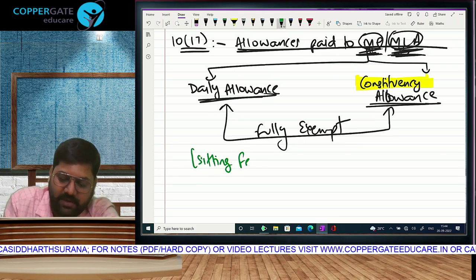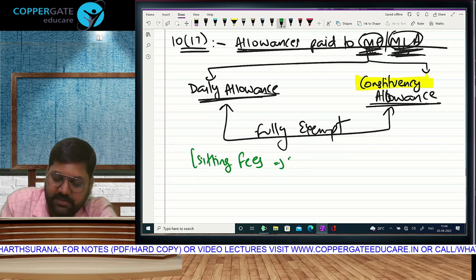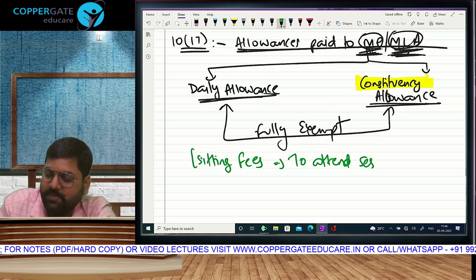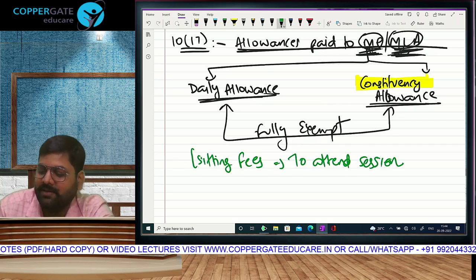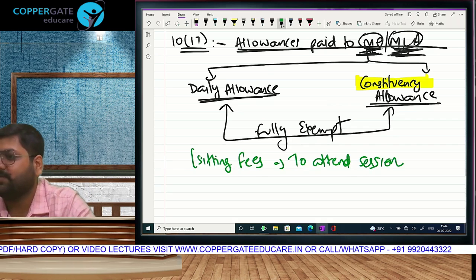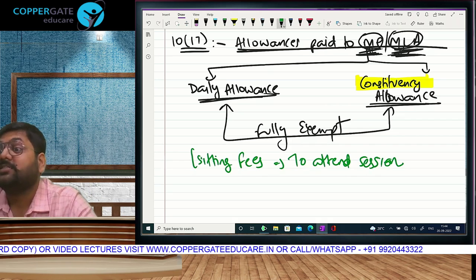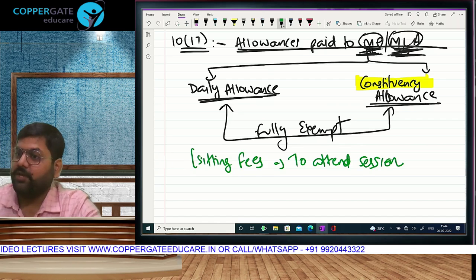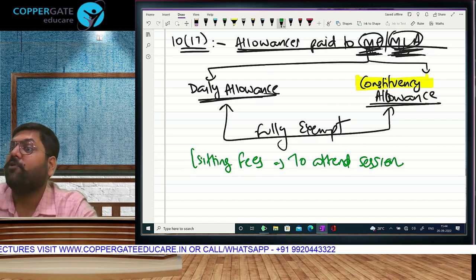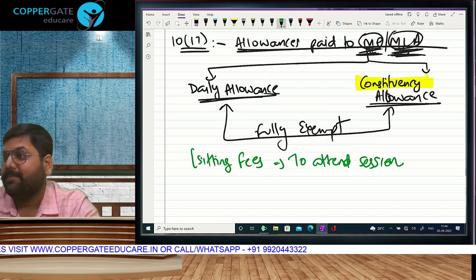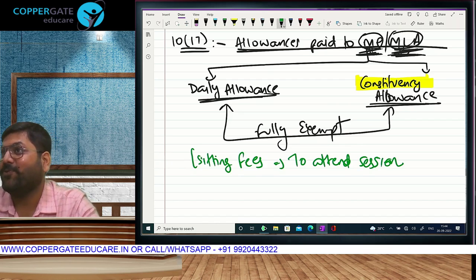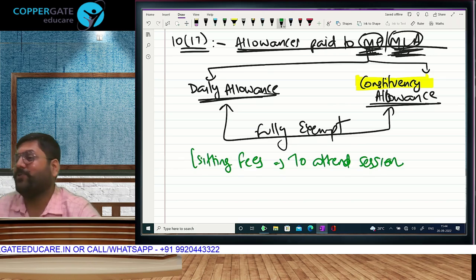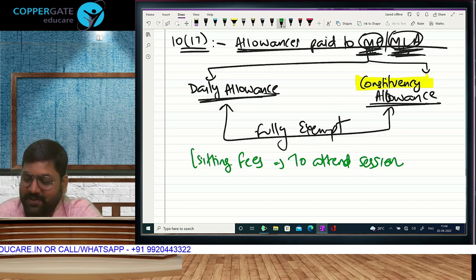Sometimes they get something called sitting fees. This is to attend the sessions. This is not your poker session, not the teen patti session. Sessions of Parliament and Assembly. When you are present, they get paid for attendance. Sir, this happens in class too. They get paid for attendance, bro. What a life!